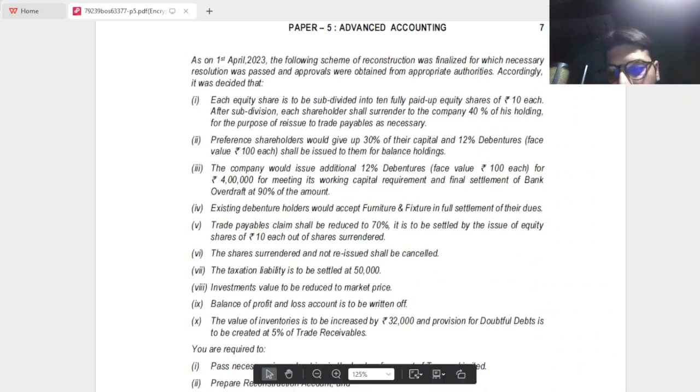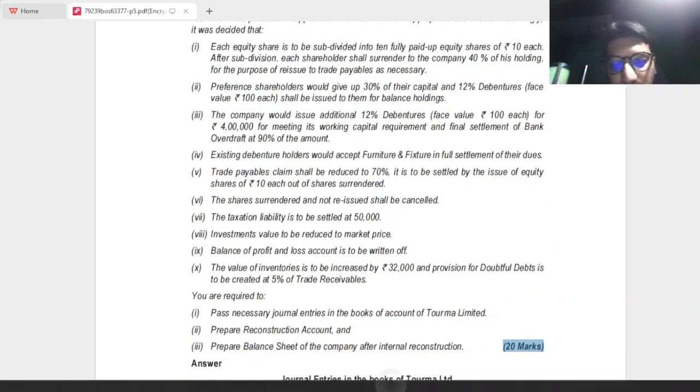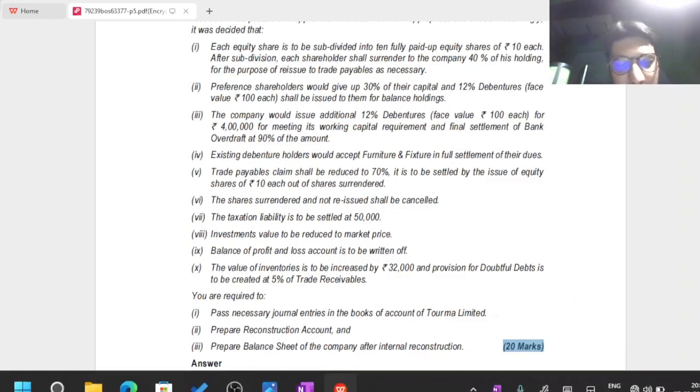This is a question of 20 marks. Now I will show all of you the solution.